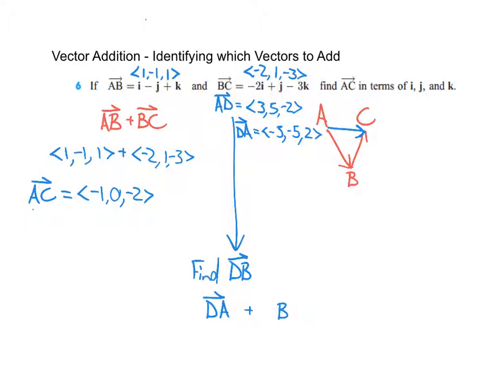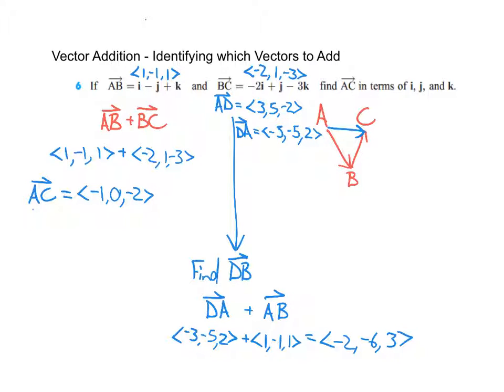Okay? Well, now I have DA, and then if I need to get to B, that means I'm at A, so I'm going to go from A to B, and I have that vector. So now it's just a matter of negative 3, negative 5, 2, plus 1, negative 1, 1, and I get my result, negative 2, negative 6, 3.